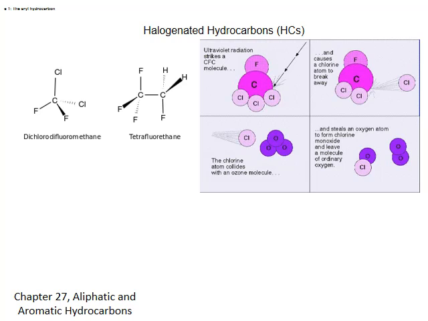Now it's exposed to ultraviolet radiation in the atmosphere, and that causes a chlorine atom to break away. The chlorine atom collides with an ozone molecule and steals an oxygen from the ozone, the O3, to form chlorine monoxide and leave behind regular oxygen. So the ozone layer, which protects us from UV, is now being depleted by CFCs in the atmosphere.